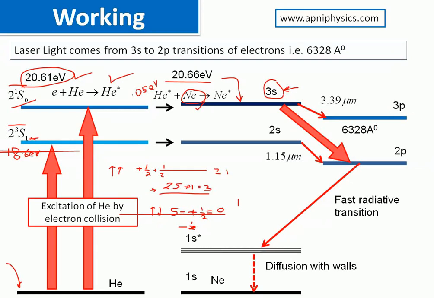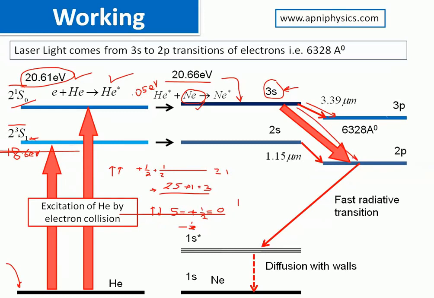So now the point is about the laser light. We have got that 3s is the metastable state of the neon atom, and now the neon atom will come into the ground state. There are two possibilities. First, from the state 3s, one is the transition into the 3p, and the second possibility is into the 2p.